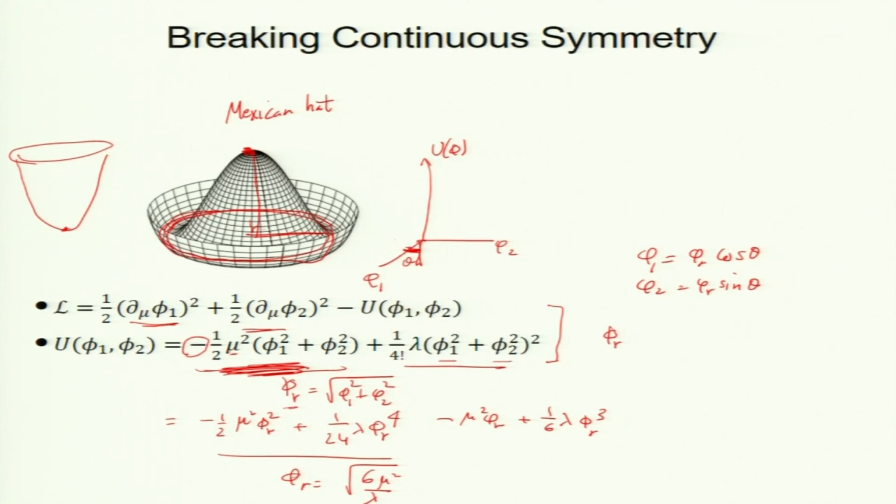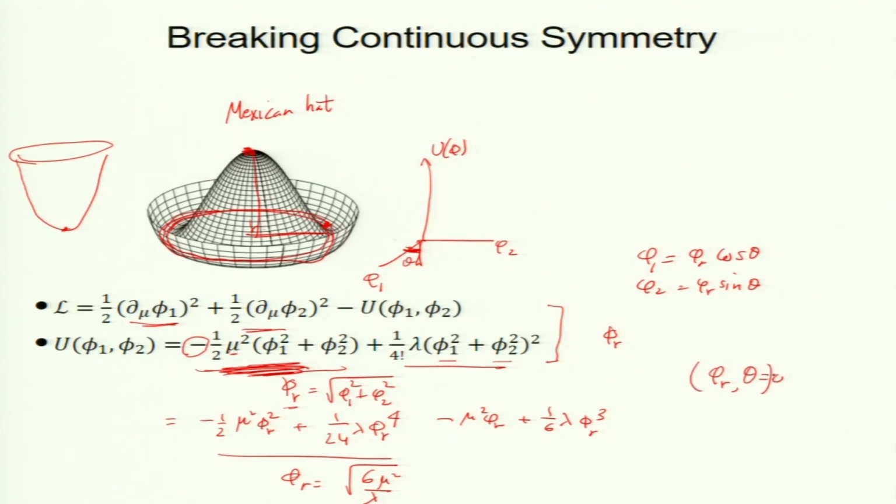And by the way, my solution will pick one theta. When I look for the asymptotic solution, it will not be everywhere. It is not a quantum system, it is a classical system, so it will find some solution, some theta, and that is where it will find itself. So, my solution for this case will be phi r, and you can choose any angle theta.